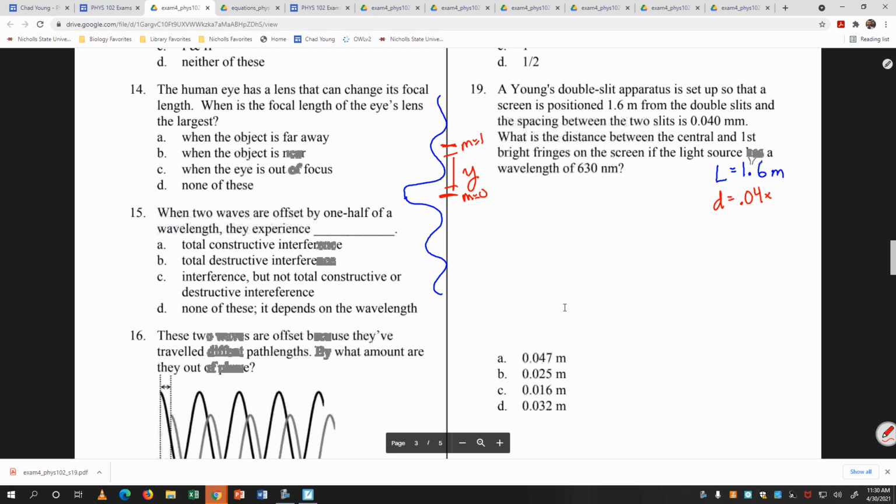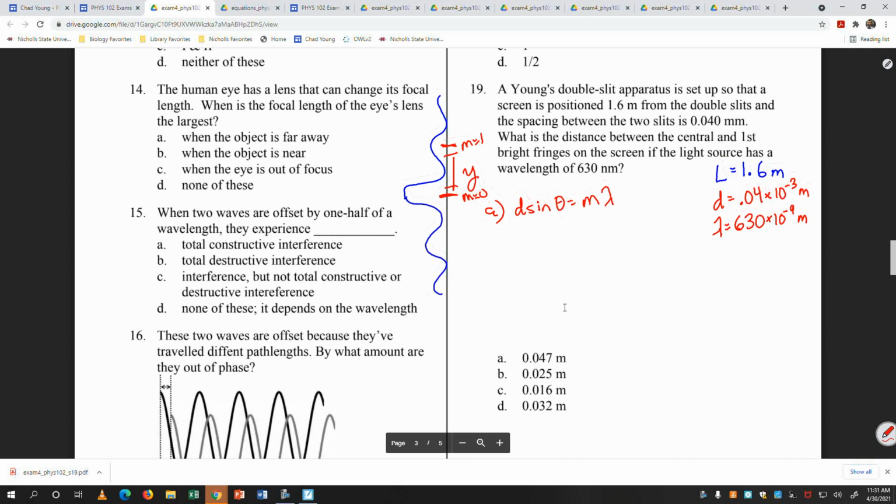Two steps in this. The first step is finding theta. And the same for your diffraction grating problem. It works almost identically, except you first find the slit spacing. So I say d sine theta equals m lambda. d is 0.04 times 10 to the minus 3.